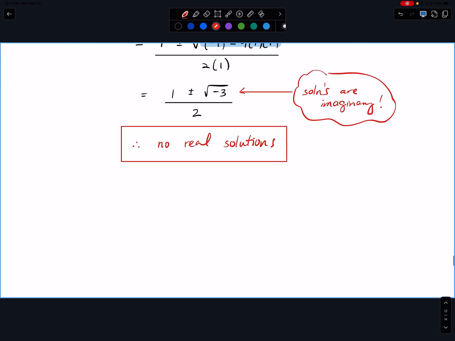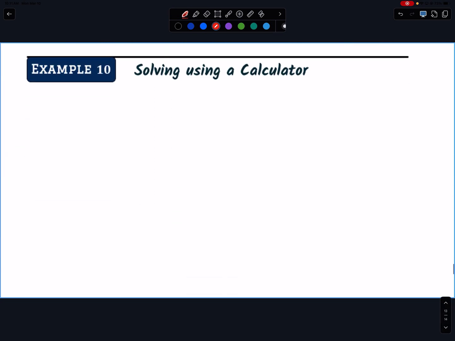For this next example, you guys will need your calculators. So can you take out your calculator?